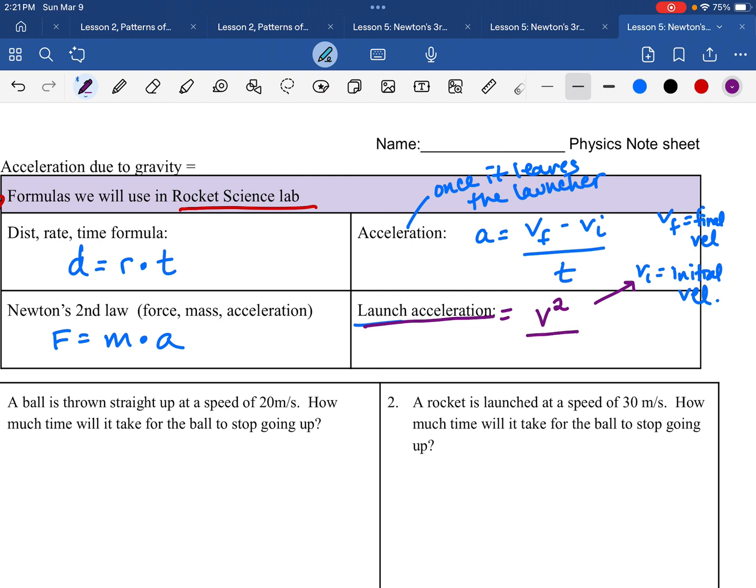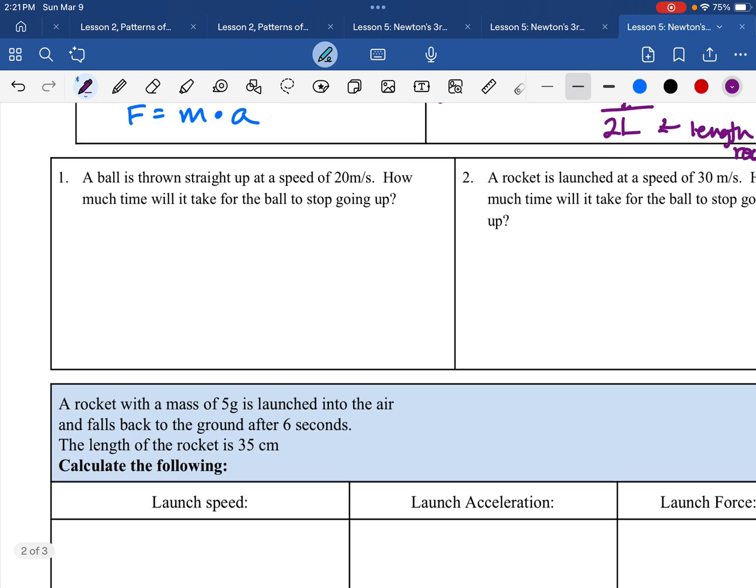That velocity squared, or VI squared, divided by 2L, and L is the length of the rocket tube. Okay, so let's look at how we might use that. We'll do a few math problems with these equations.